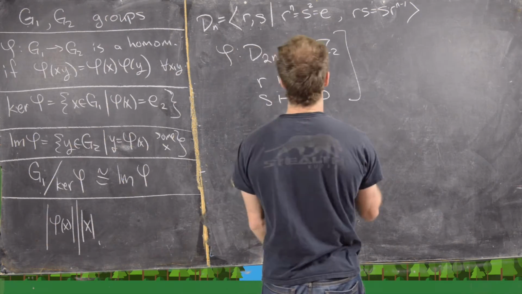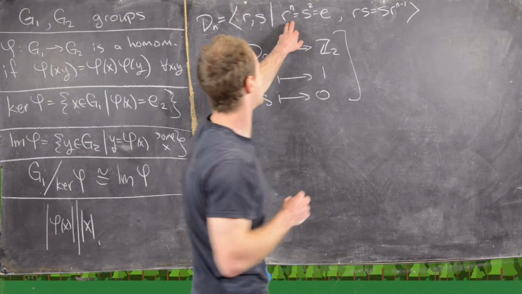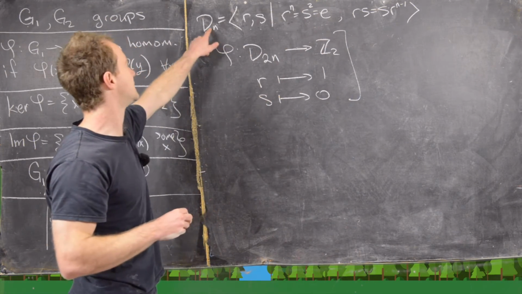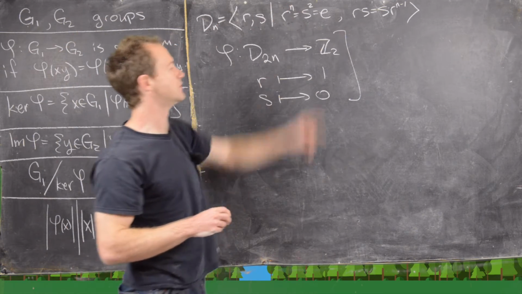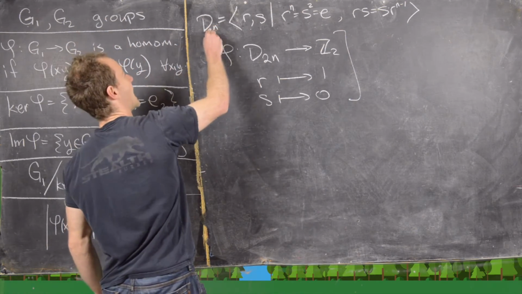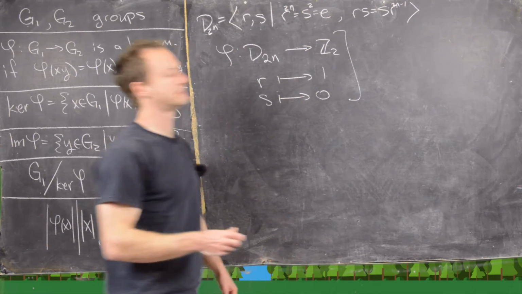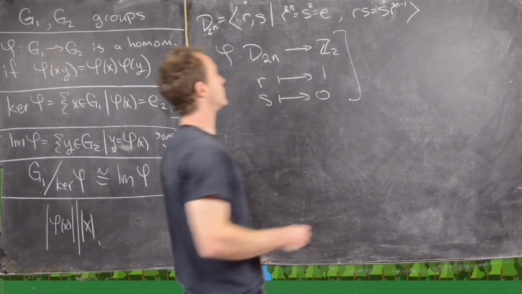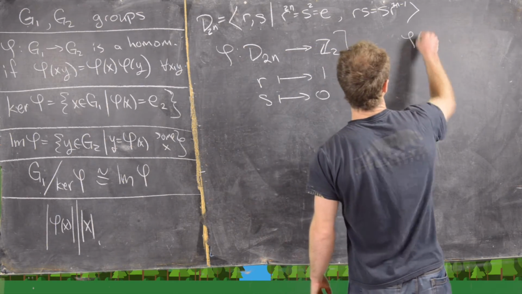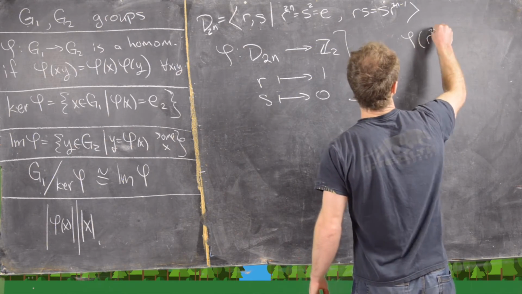Okay, so let's go ahead and check that these defining rules are satisfied, but now notice we need a 2n here and a 2n here. So let's go ahead and add that in, 2n, and then we have a 2n here. Okay, good. So now notice that we have phi of r to the 2n.